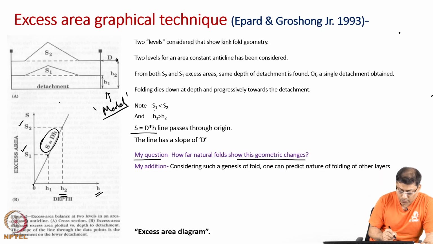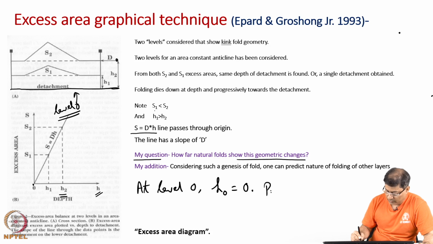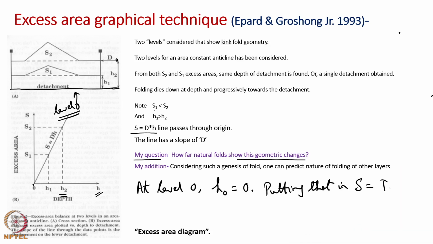What happens to the level 0? Suppose this detachment level itself I call level 0. So, at level 0, H0 is equal to 0. Putting that in S equal to D multiplied by H, S is equal to 0. What does this mean? This means that a line on the detachment, under this deformation, this compression, does not get folded and capital S, or we can call it S0, becomes equal to 0.